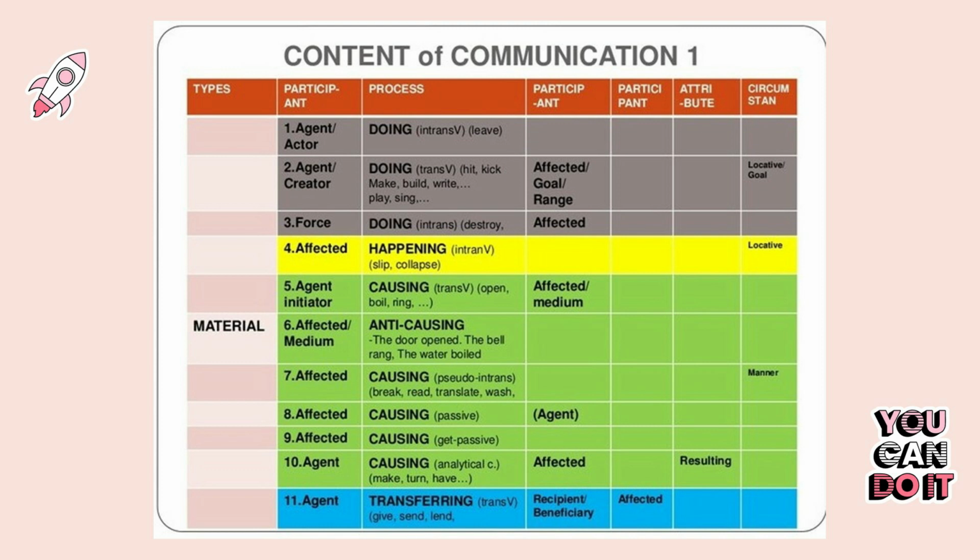Number two, the type of process is material, and the participant is called agent or creator, and the process is doing or transitive. The examples are hit, kick, make, build, write, play, and sing. Then the participant is called affected, range, and the circumstance is locative or goal.